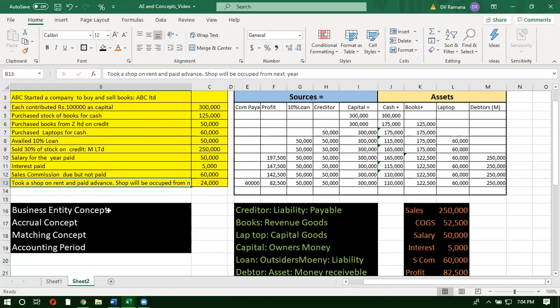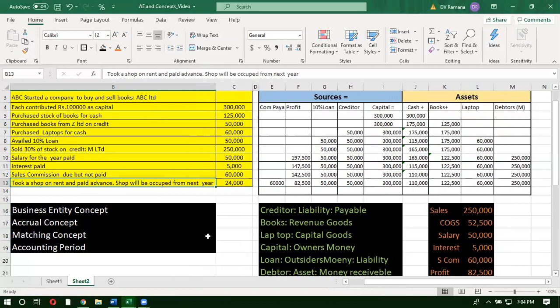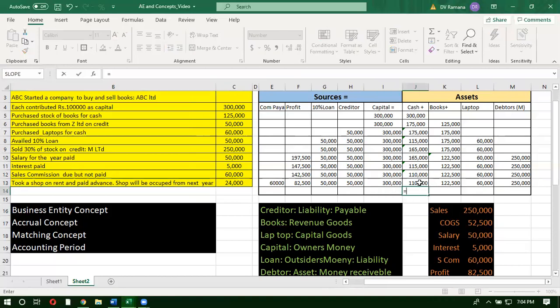Took a shop on rent and paid advance, and the shop will be occupied from maybe next year. So this is not an expense for the current period, it will be used next year. However, the company paid money for that, so it is not an expense.